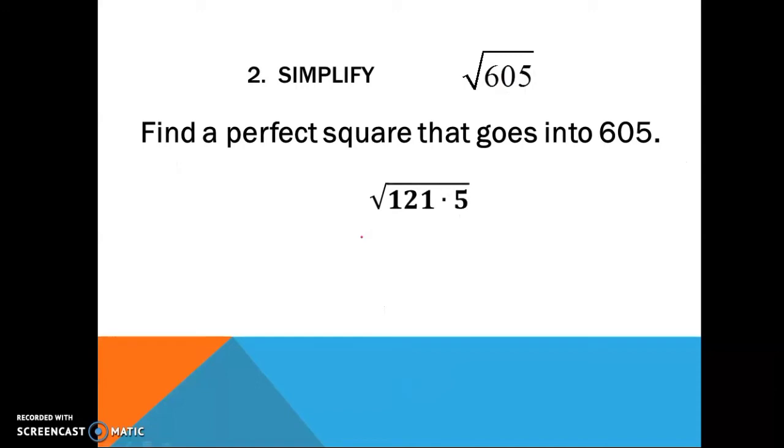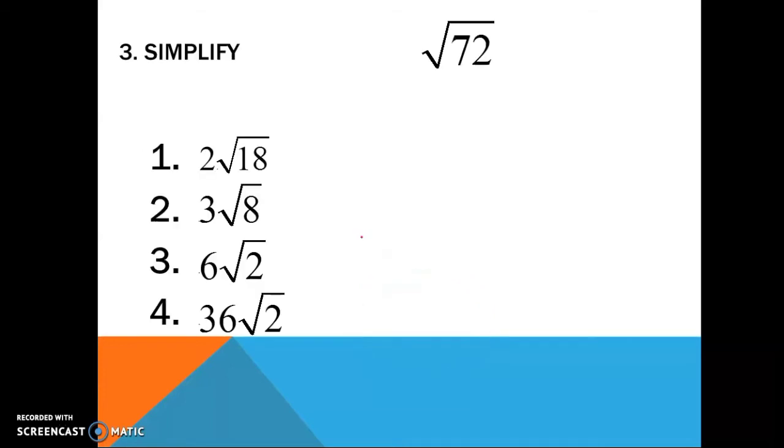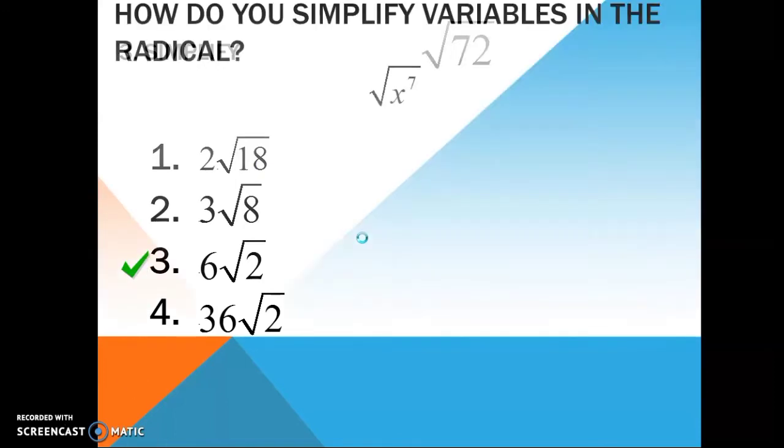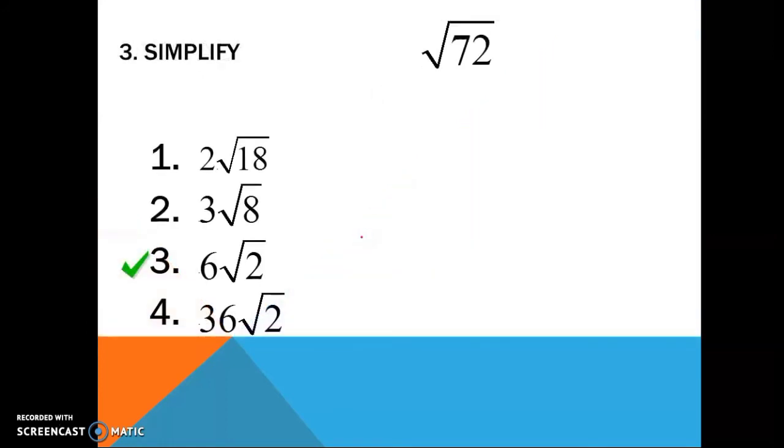So, pwede ang 121 times 5. So, square root ni 121 is 11, square root of 5. Okay, next, number 3. Si square root of 72. Ano ang factors ng 72? We have 36 times 2, tama? So, the answer is 6 square root of 2.